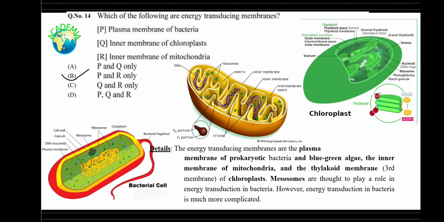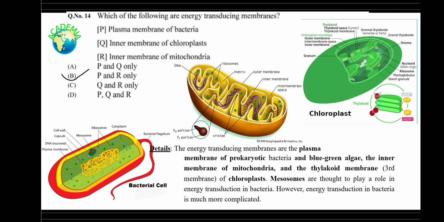Next question: which of the following are energy transducing membranes? Plasma membrane of bacteria, yes. If I remember, there is a mesosome structure which is involved in respiration. Then the inner membrane of chloroplast.